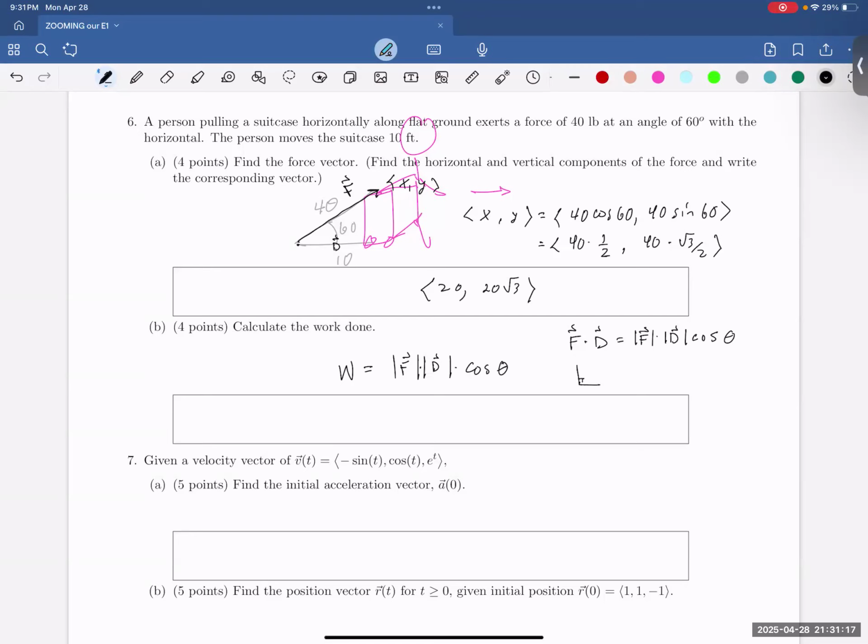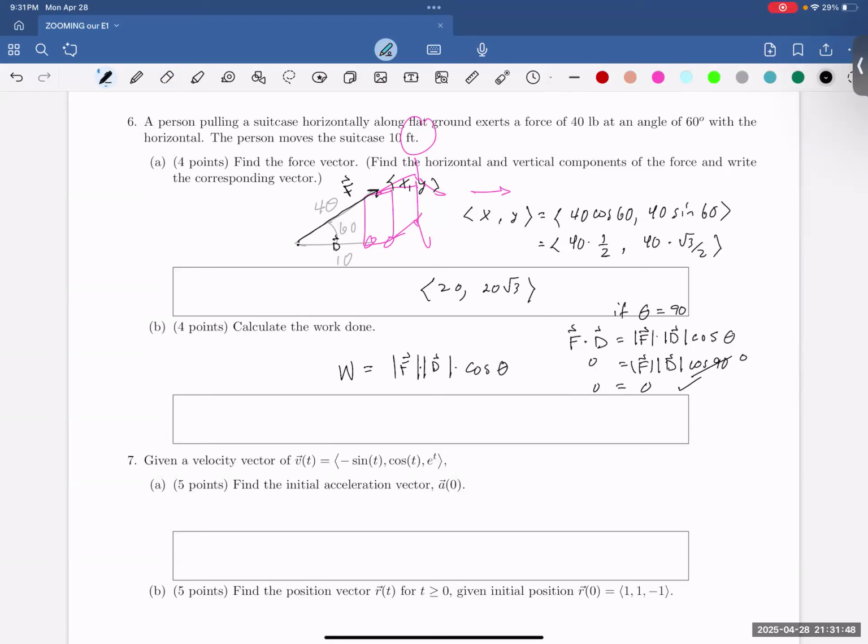I think it's cosine, because if f and d were perpendicular, then they dot to get 0, whatever their lengths were. Cosine of a 90-degree angle is 0, and that would give us 0. So if theta were 90 degrees, this is true.